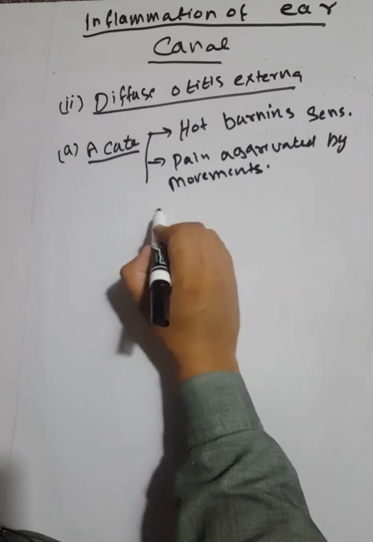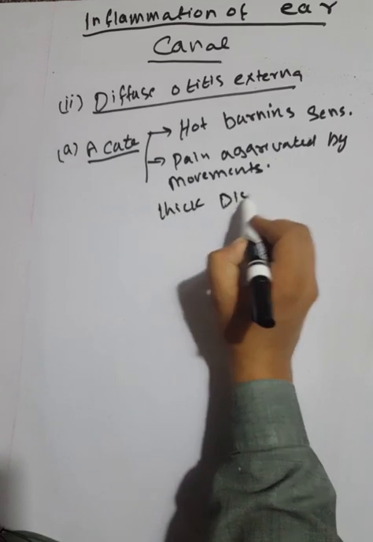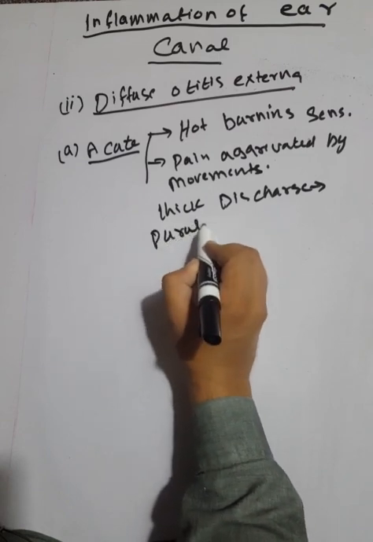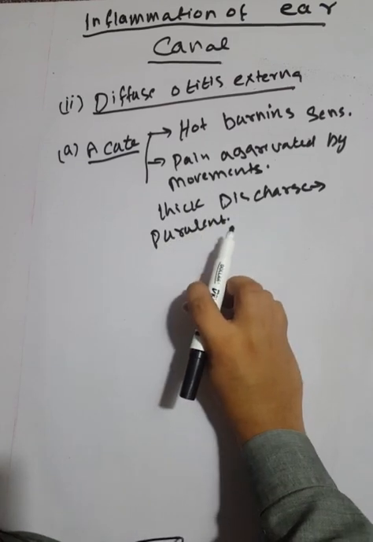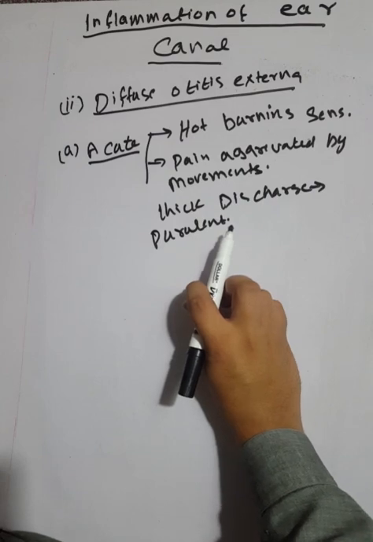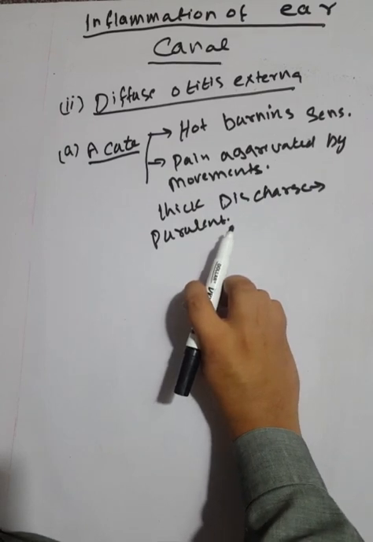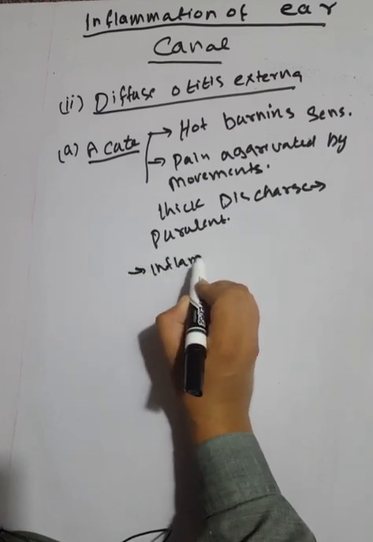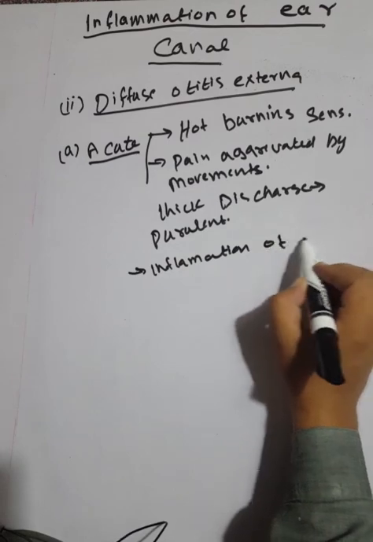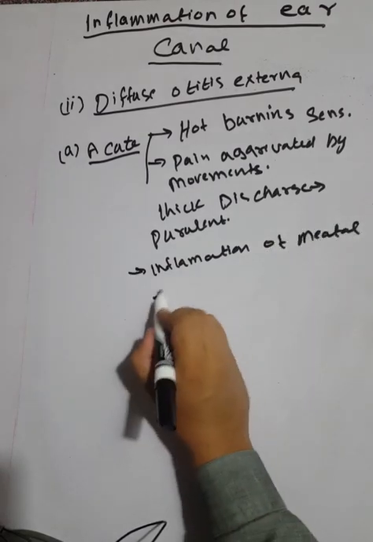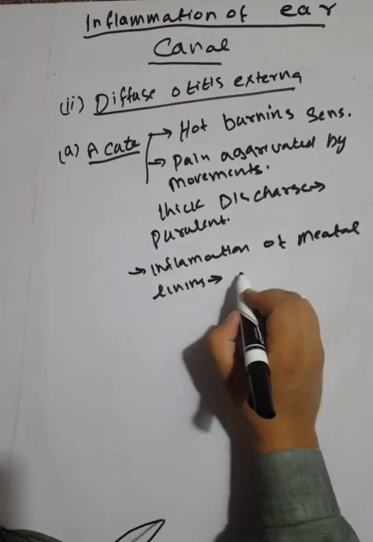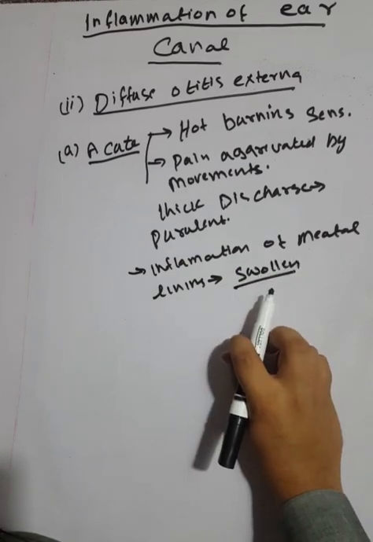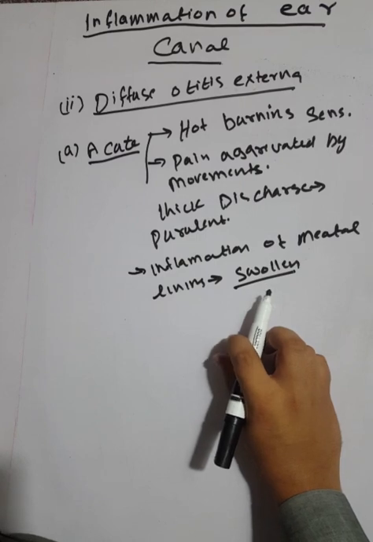There is inflammation of the meatal lining, and the meatus becomes swollen in this acute phase.